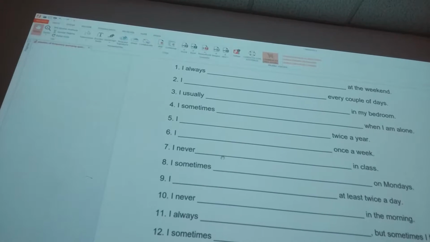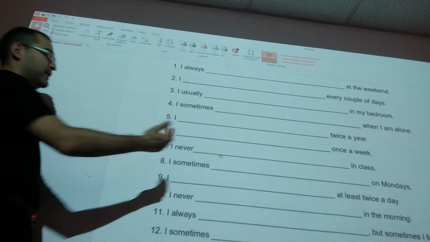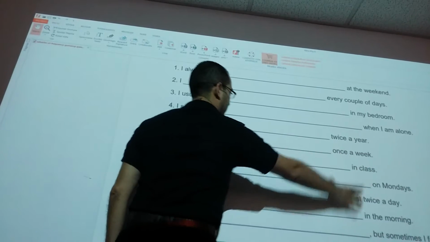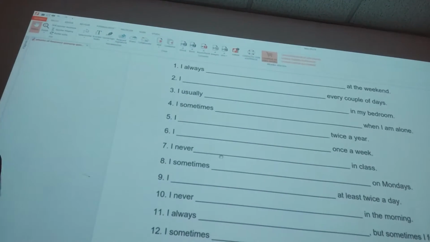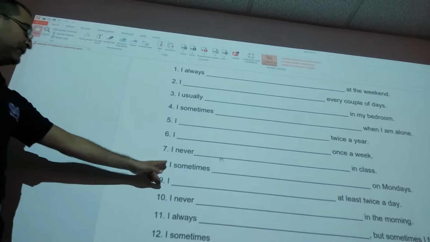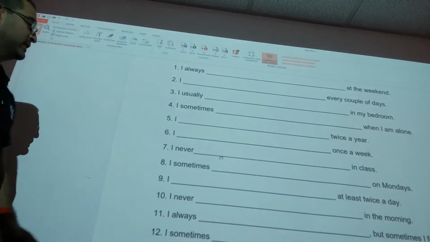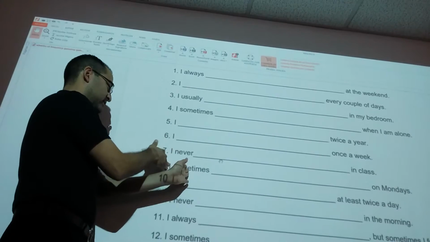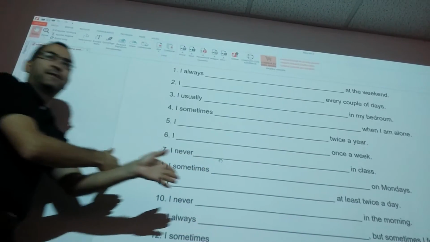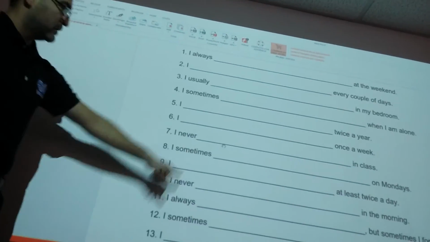For example, look, the frequency expressions are at the end, right? And the frequency adverbs are after the subject, between the subject and the verb. So that's the way it is. When you're using frequency adverbs, remember it's subject, the frequency adverb, and then the verb.